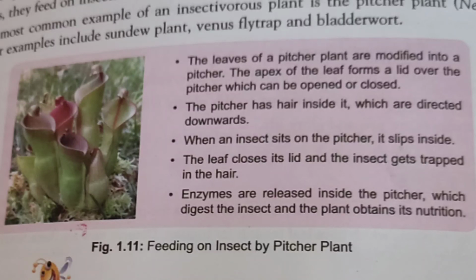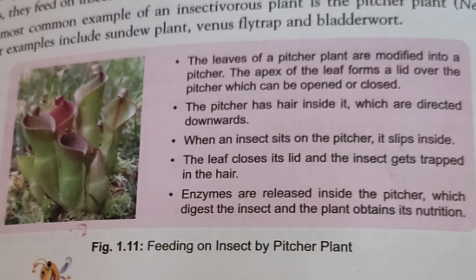The leaf of a pitcher plant is modified into a pitcher. The apex of the leaf forms a lid over the pitcher, which can be opened and closed. The pitcher has hairs inside it, which are directed downwards. When an insect sits on the pitcher, it slips inside.